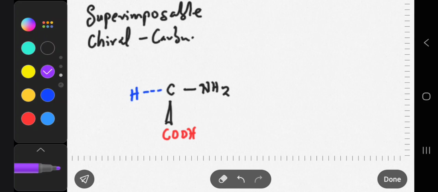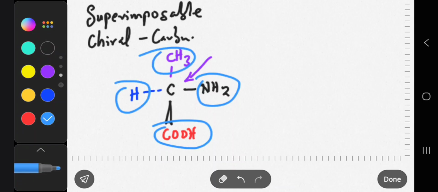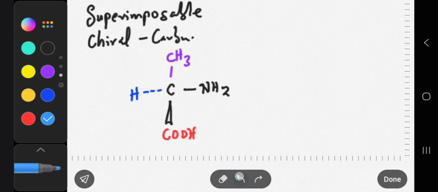Then let's say we have a methyl over here. Can you see that the carbon which you see here is bonded to 4 different groups? And that is why we say carbon is chiral, because it's bonded to 4 different groups. All right. So that's a chiral carbon. Okay. So let me remove this.